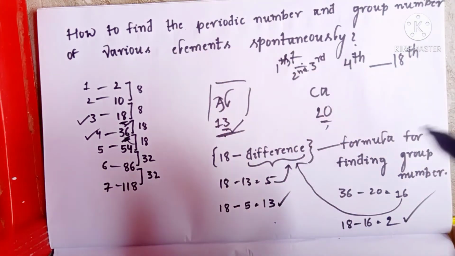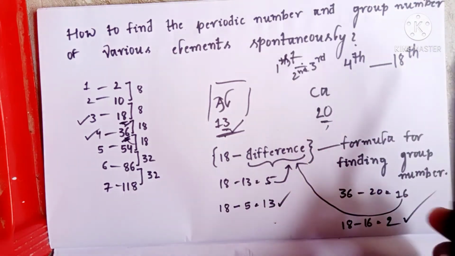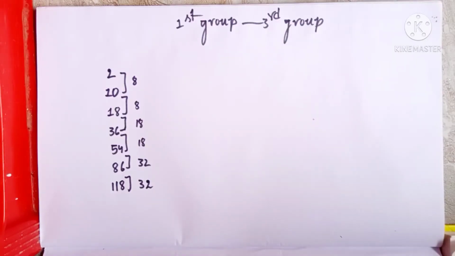Whereas the procedure to find the period number is common for elements of both. So friends, now I am going to tell the procedure to find the group numbers of elements between the first group and third group.